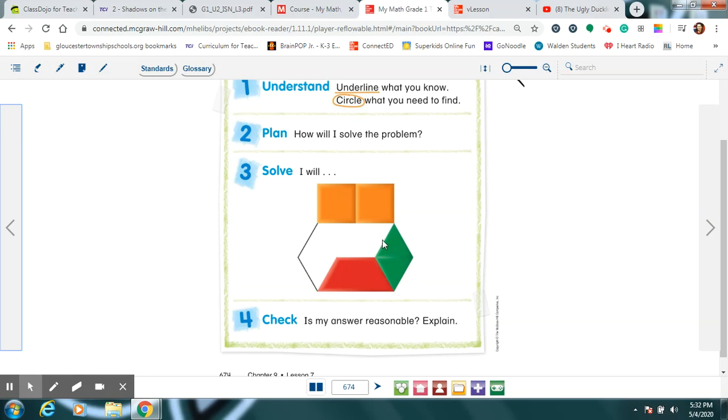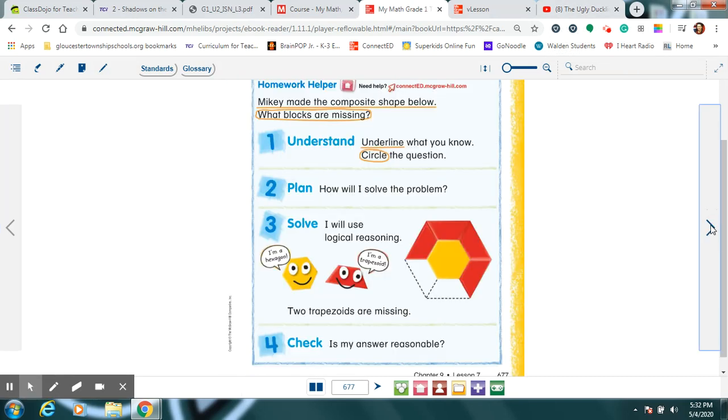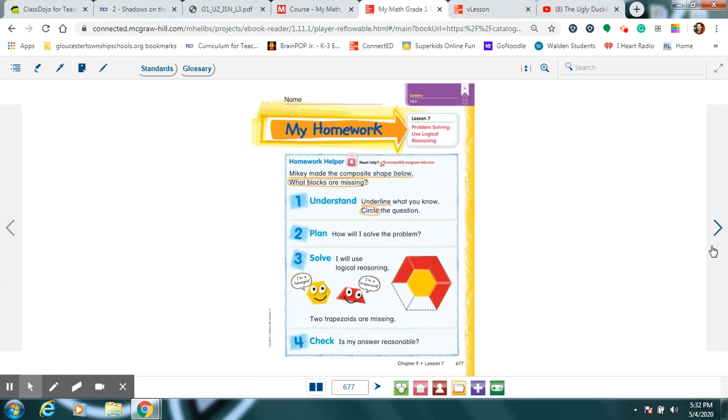If you don't have blocks, print the ones I put on Dojo yesterday, and you should be able to move them around and figure out all the answers, okay? And then after you do all the practice on here, you will be able to finish these homework pages on your own, okay?